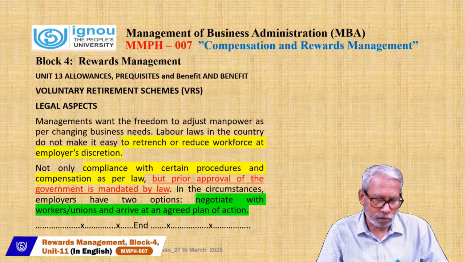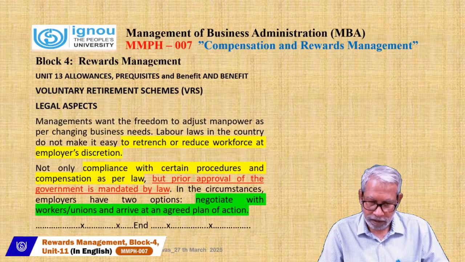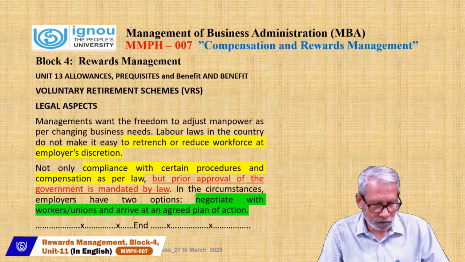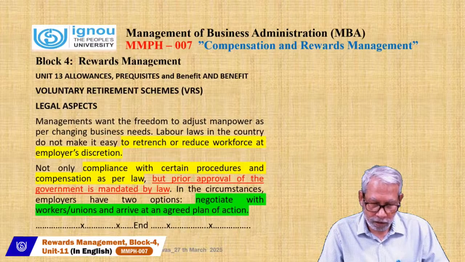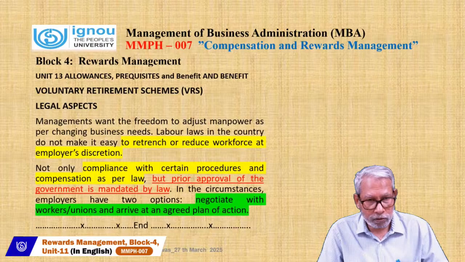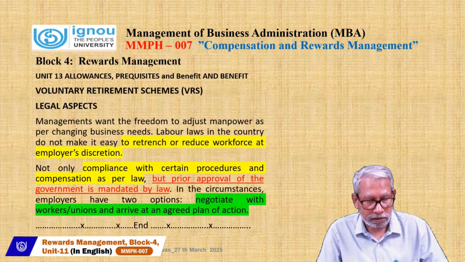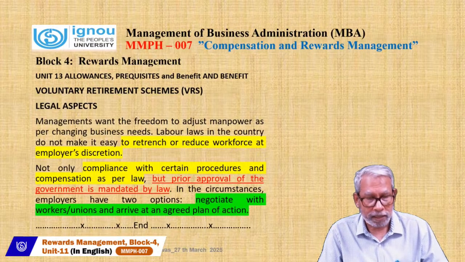Now coming to incentive schemes, some questions may come. What are stock options? Explain the stock options. Then the questions may come: what is the purpose and rationale of the Payment of Bonus Act?